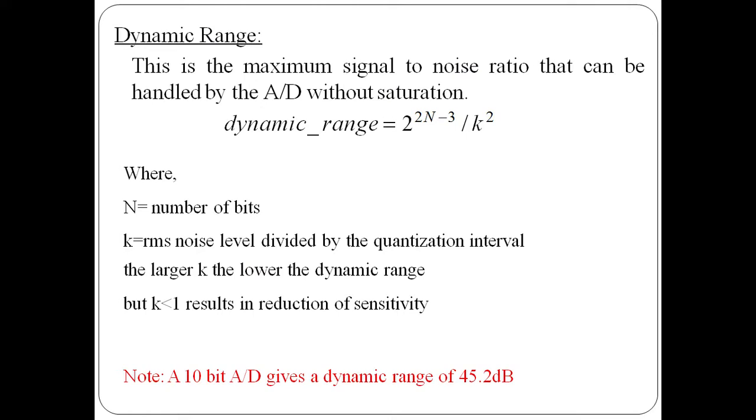Dynamic range. This is also one of the very important considerations of the MTI signal processing. When I was discussing the advantages of MTI digital processing, I mentioned that digital MTI processing provides a greater dynamic range.